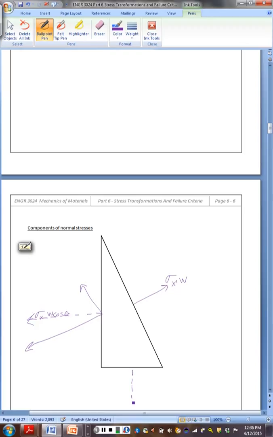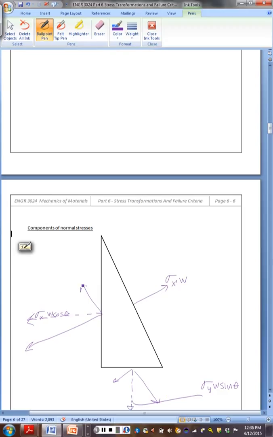Same with this, which has a magnitude of sigma y W sine theta. We need to resolve it into components in the x prime and y prime directions.